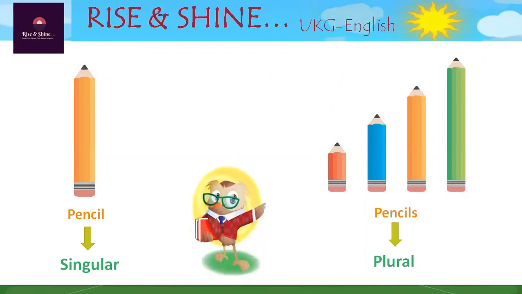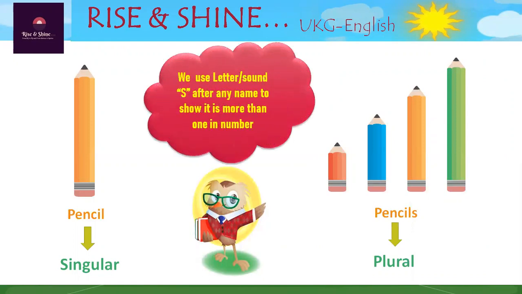So now, we use the letter S or the sound S after any name to show it is more than 1 in number. What do we use? Letter S or sound S. Pencil, pencils.